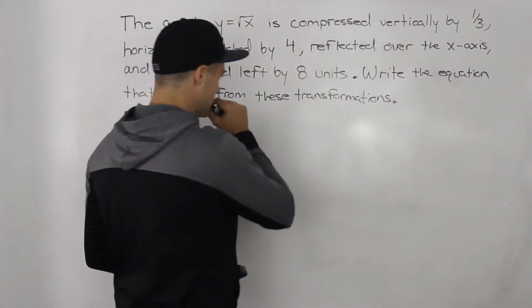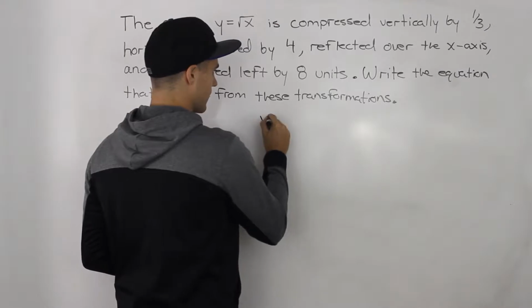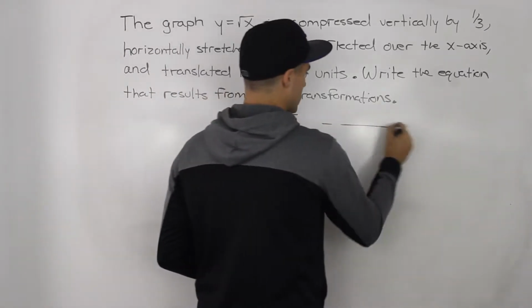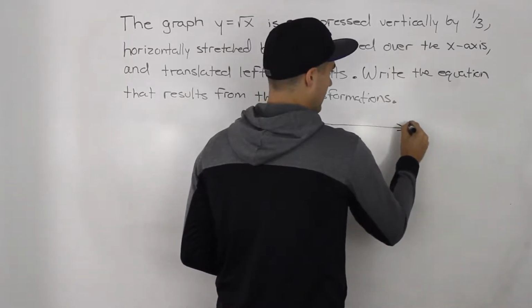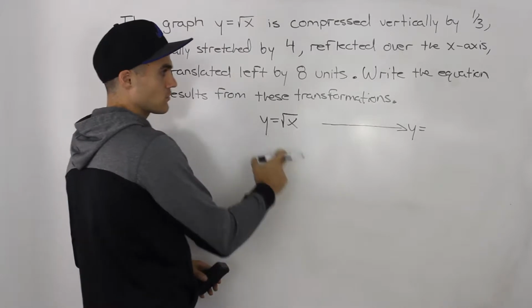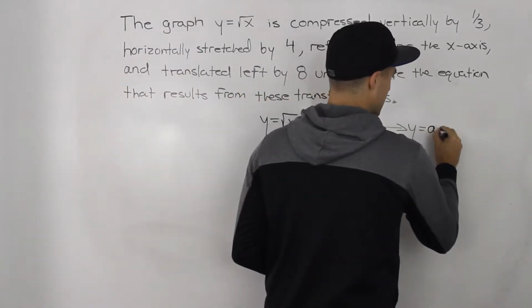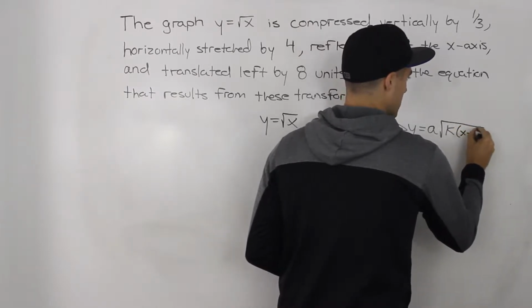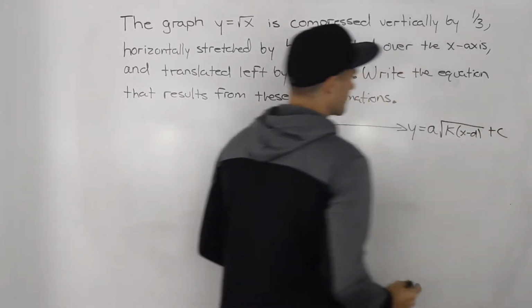Okay, so generally, what's happening is we're taking this square root of x function and then we're going to transform it. And the general transformation format for this specific parent function, square root of x, is going to be y equals a square root of k bracket x minus d plus c.